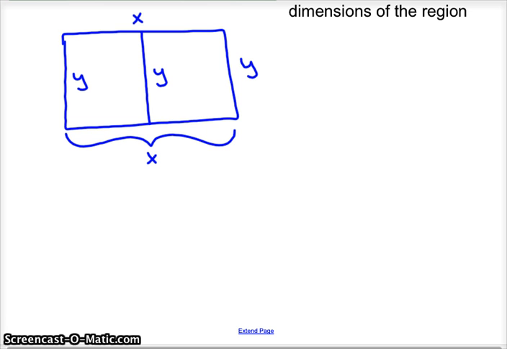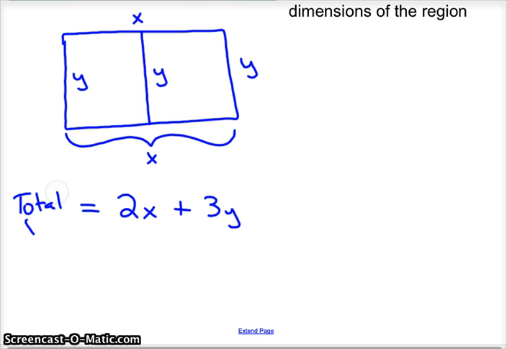So our two equations. First, for perimeter: perimeter in our case would be 2X plus 3Y. Perimeter is probably a bad choice of words here. Our total fencing is what we're really looking for, but it's similar to perimeter.